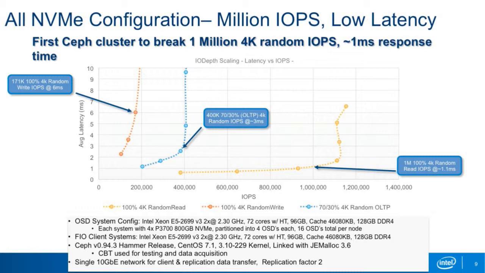At 1 million IOPS, the read latency is around 1 millisecond, so pretty good. And we worked with an ISV using this model as a backend for the MySQL database. You've probably already seen that from Red Hat, in their solutions.